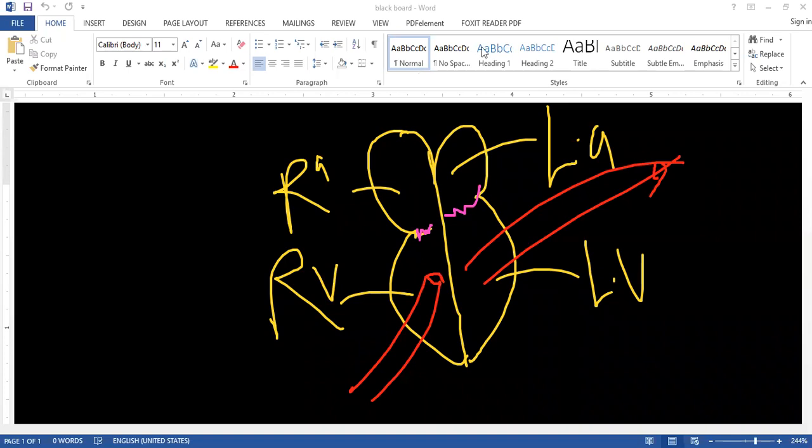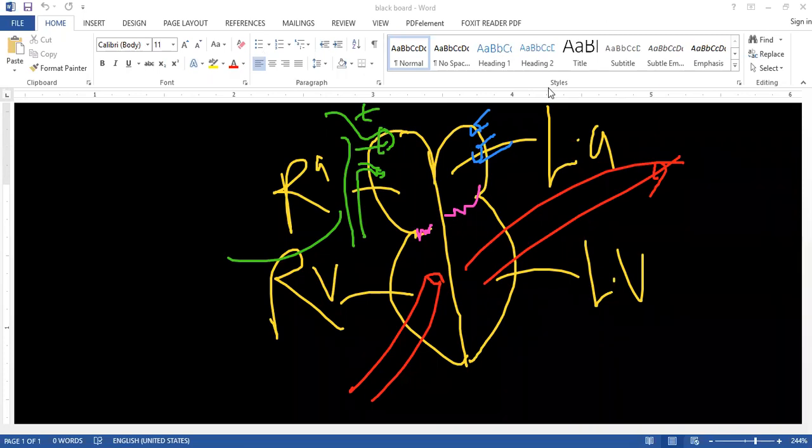Other tubes carry blood into the heart: the two pulmonary veins, and also the vena cavas. There are two vena cava, this is the superior vena cava, this is the inferior vena cava. Up to now we have studied this in the human heart, right?